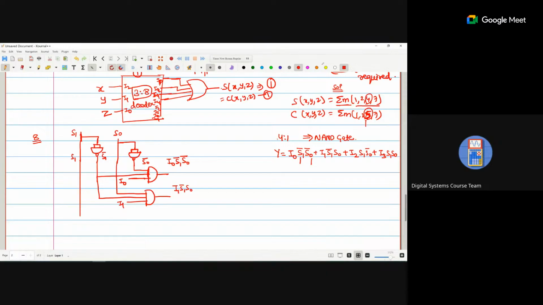S1 I am taking from here, S naught I am taking from here, with I2, so I2, S1, S naught bar.